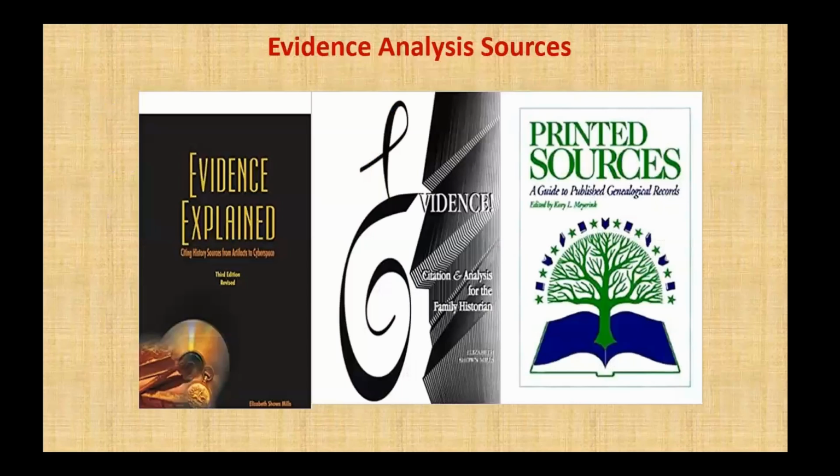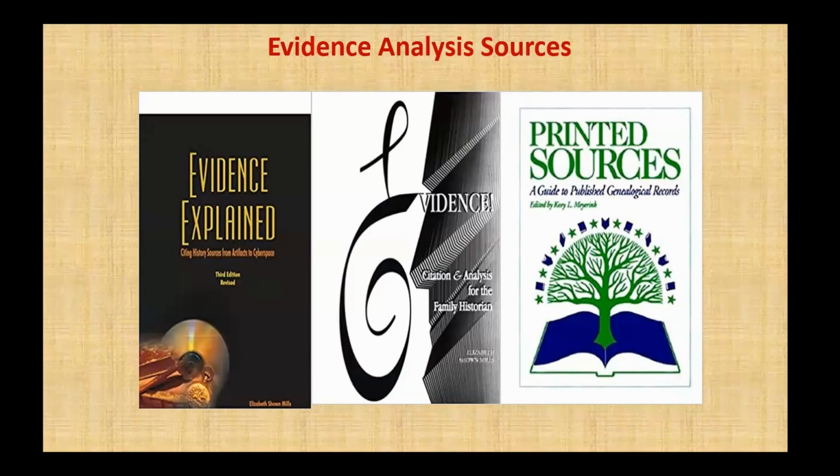Now, these are 3 books that we have in the Fort Myers genealogy collection, and I'm going to assume they have them in Allen County Library, and most major libraries would have them. The first 2 are by Elizabeth Shown Mills, Evidence Explained.